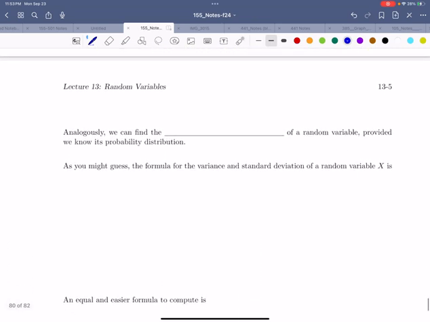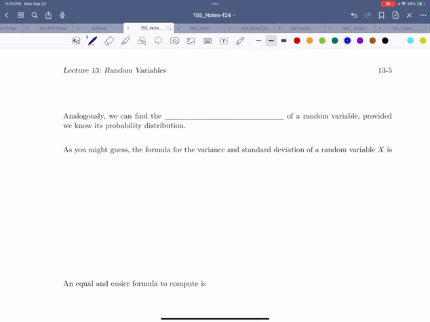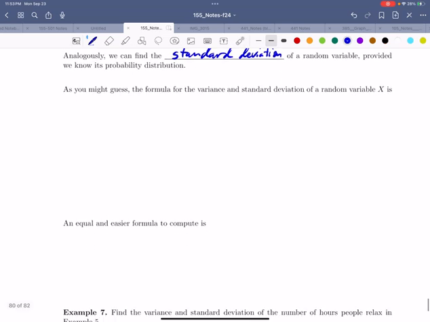Okay? Now, analogously, we can find the standard deviation of a random variable. Now, as with the mean, we need to know its probability distribution. The formula for the variance and standard deviation is as follows. I'm going to write a version of the old formula. So I'll write it as sigma x squared.